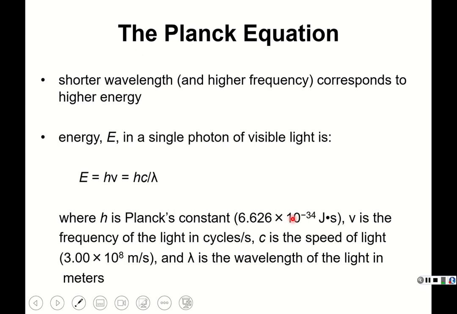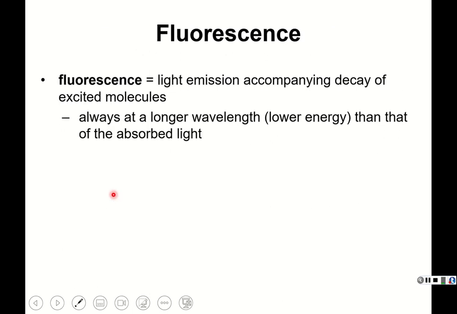When we're talking about light, oftentimes we use the Planck equation, and this is what gives us the ability to calculate the energy for any given wavelength or frequency of light. Okay? And wavelength and frequency are connected together, based on the speed of light.